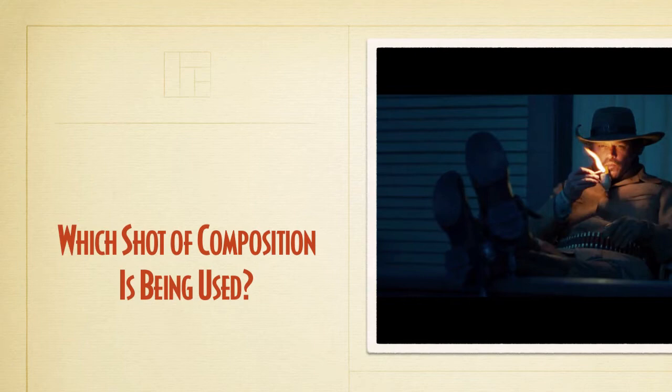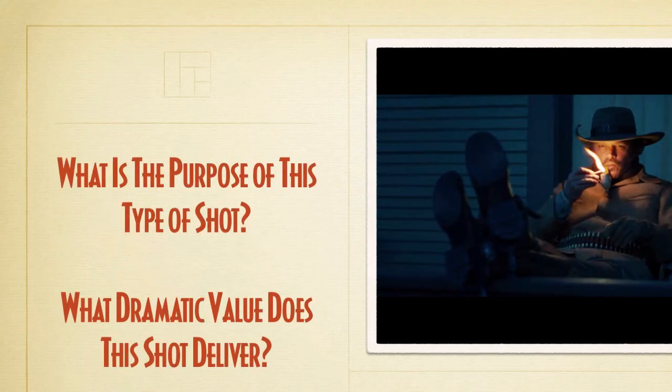Let's look at this. What is the purpose of this type of shot? What kind of dramatic value does this shot deliver? Just imagine if it was just from here up versus this shot. Maybe think about it that way.